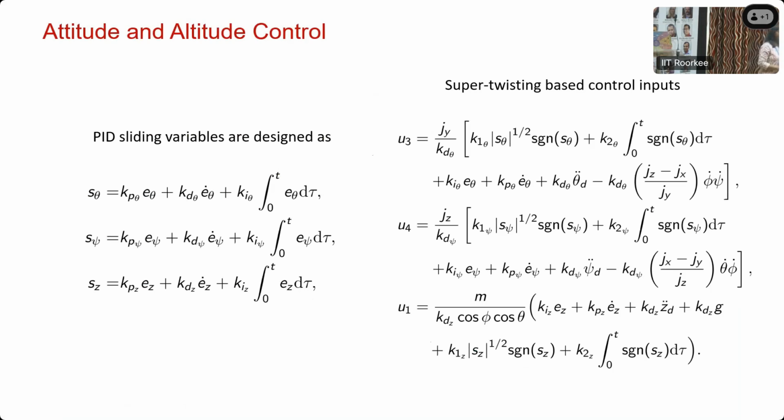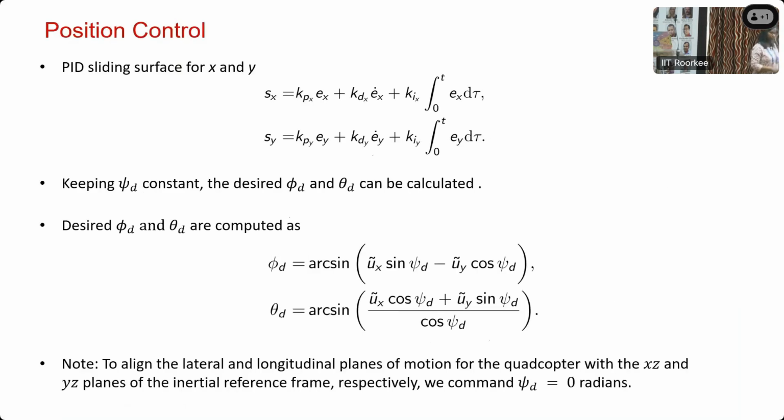Because we have already seen how we will control phi and theta, from here I am saying that we will design these control inputs Ux and Uy in such a manner that we will be able to track any desired trajectory, xd and yd, and then using that we will obtain this desired phi and theta, which will later be controlled using u2 and u3.